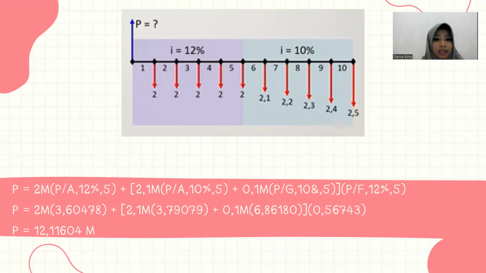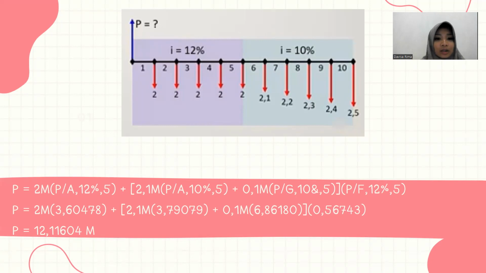Here, this is a change of 100 million or 0.1 billion to get the P value: 0.1 billion times P over G, i equals 10%, n equals 5, there are 5 years here: 1, 2, 3, 4, 5.